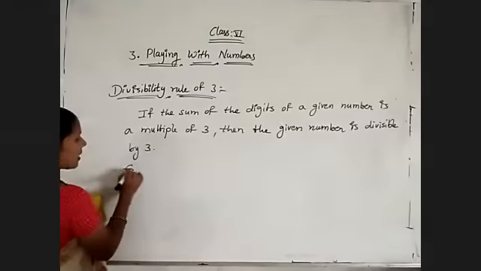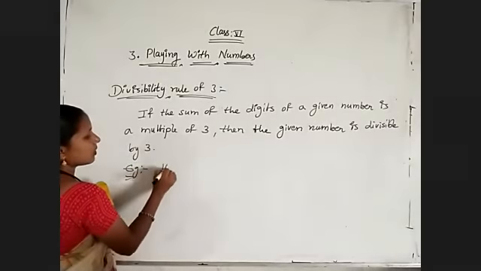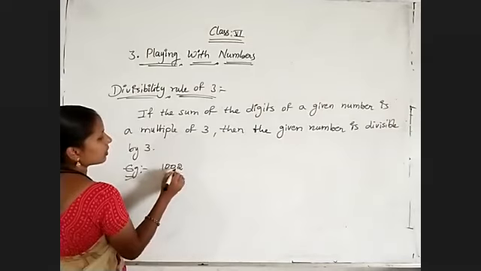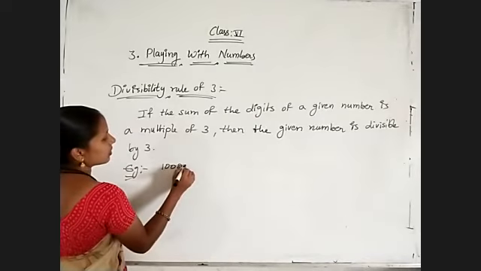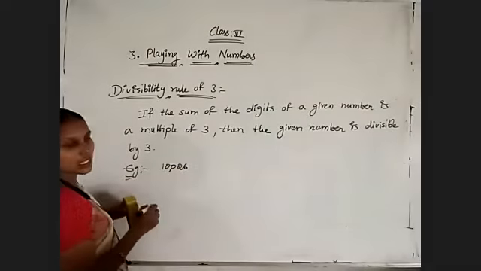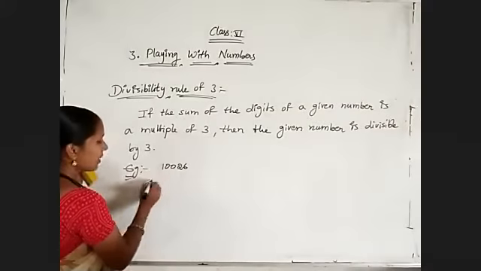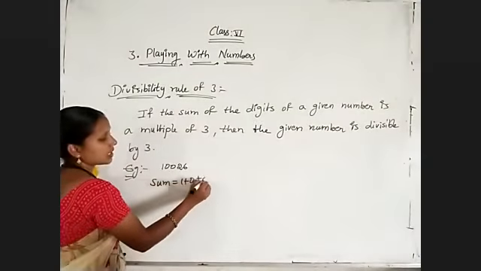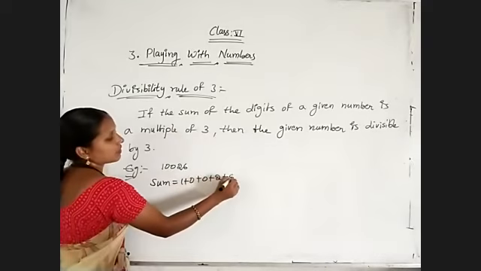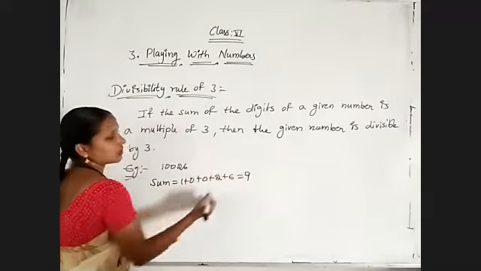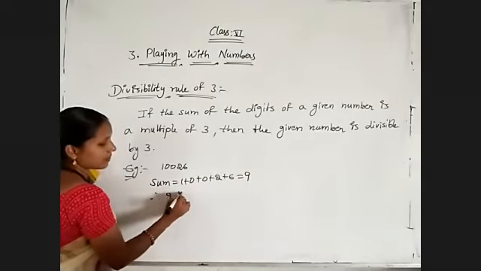So for example, 10,026. Okay. So the sum of the given digits. Sum is equal to 1 plus 0 plus 0 plus 2 plus 6. Sum of the digits is equal to 1 plus 2, 3, 3 plus 6, 9. 9 is a multiple of 3.